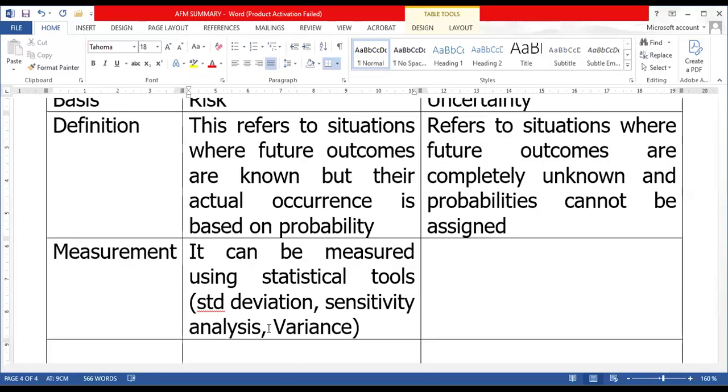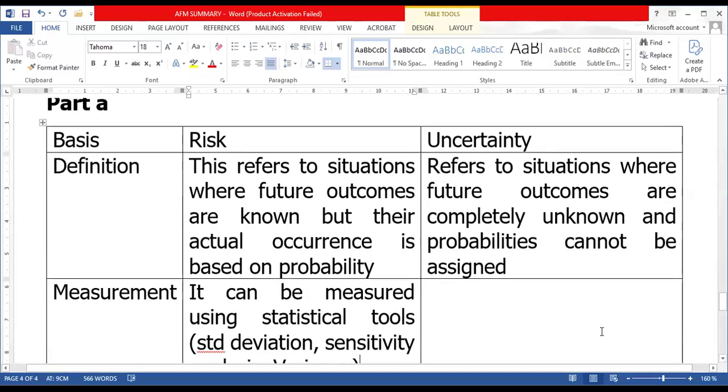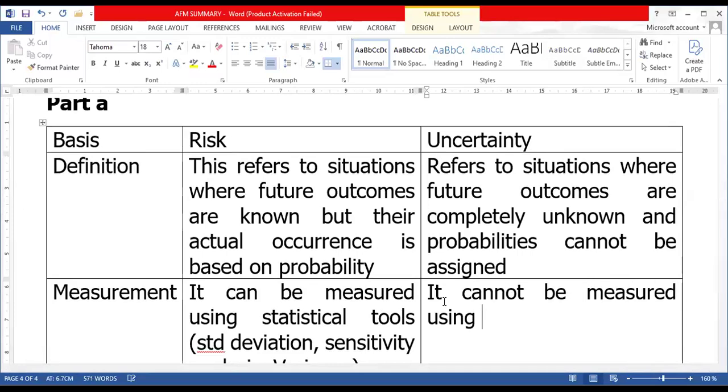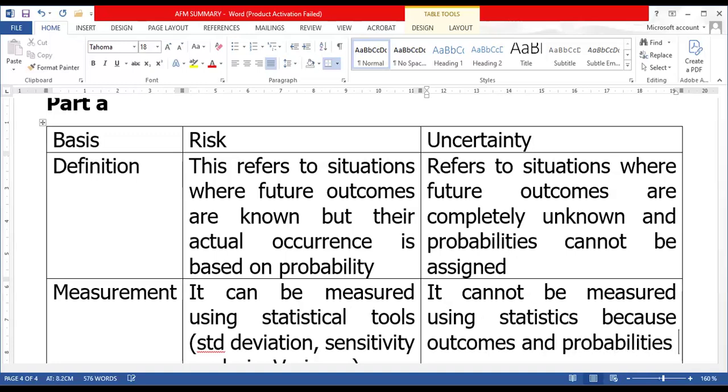But when it comes to uncertainty, how can you measure that in the next month there will be floods? Those are things that are beyond the control. Here you will say that it cannot be measured using statistics, because the outcomes and the probabilities are completely unknown.